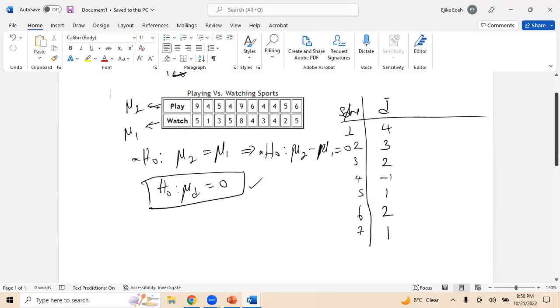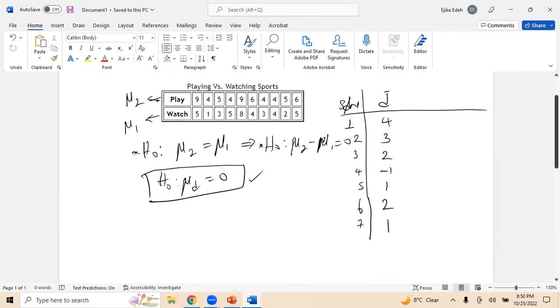Okay, and for the 8 students, so let's number this: 1, 2, 3, 4, 5, 6, 7, 8. Okay, so for the 8th student, 4 minus 4 will give us 0. For the 9th student, 5 minus 2 will give us 3. And for the 10th student, 6 minus 5 will give us 1.